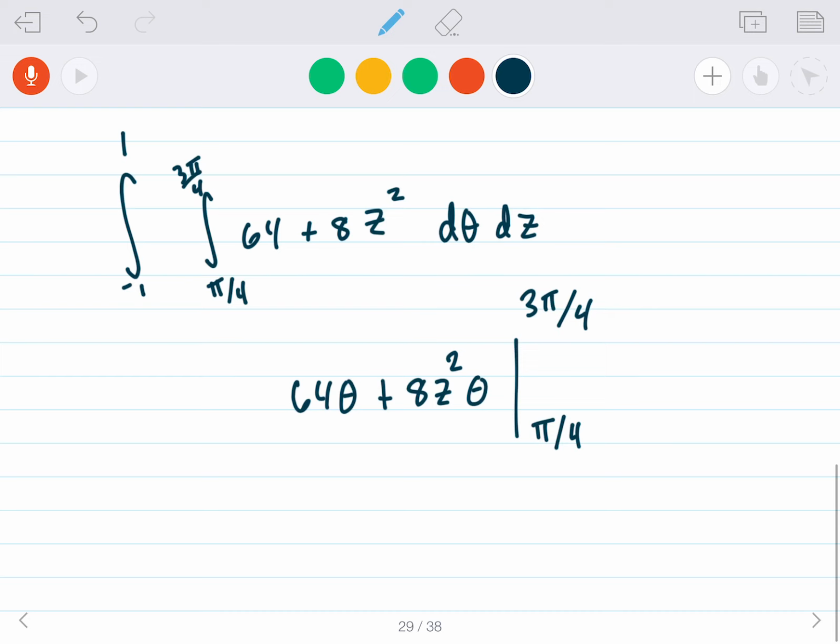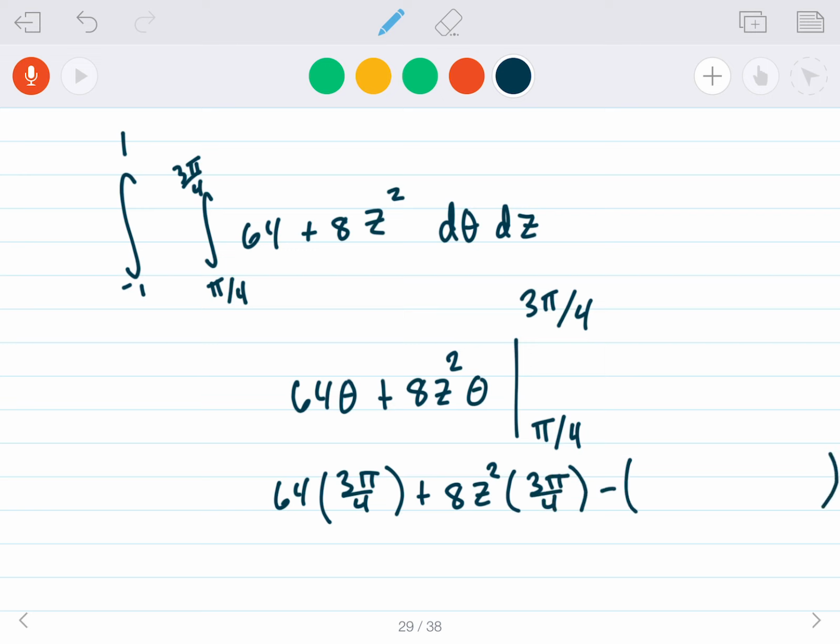Okay, so we have 64 times 3 pi over 4 plus 8z squared times 3 pi over 4. And then we're going to subtract off from that 64 times pi over 4 plus 8z squared times pi over 4. Okay, so let's go ahead and clean this up.